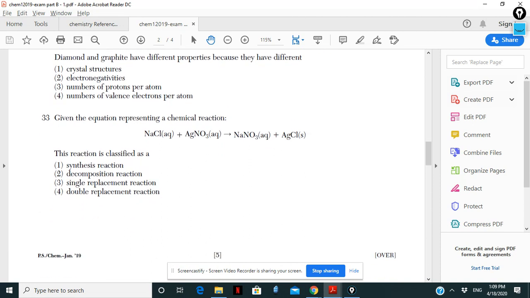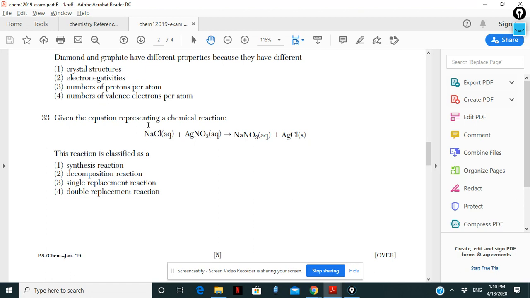Question number 33. The equation represents a chemical reaction: sodium chloride aqueous plus silver nitrate aqueous going to give sodium nitrate aqueous and silver chloride. How is this reaction classified? Sodium was connected first to chloride, but in the second part it takes nitrate.